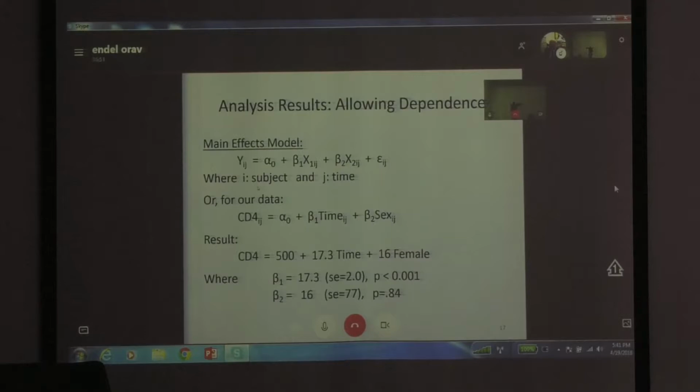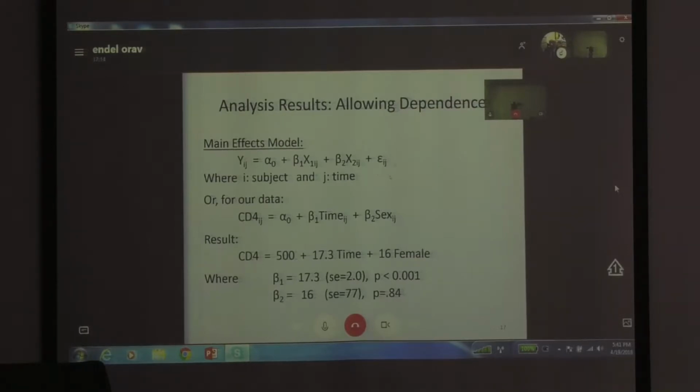In this study, there were 101 people, so i goes from person 1 to person 101. j refers to time. Time is either 0, 6, or 12. And so for each CD4 count, it's measured for a particular person at a particular time. The subscript is inescapable.